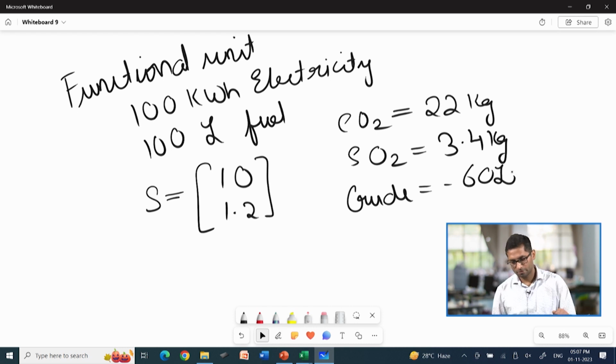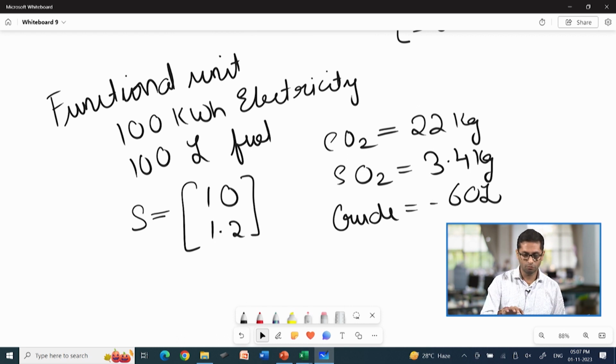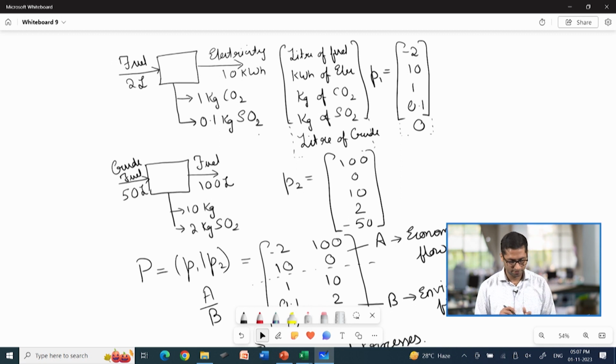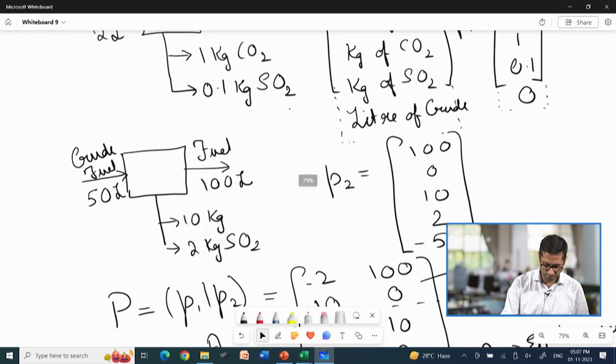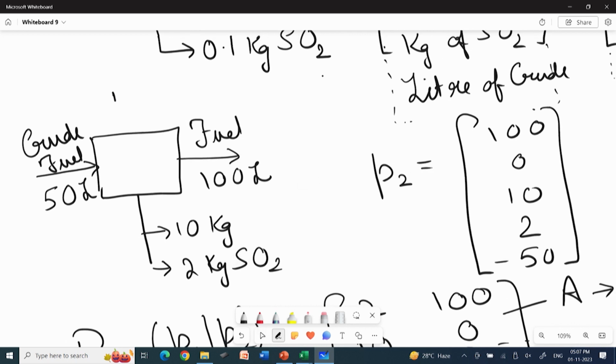Further, we can also update the process. Suppose I want to update process 2. Let me go back. So this was the process I am talking about. Suppose this is the process for the production of fuel, and it also has another input in terms of electricity. In the first process electricity is getting produced, and in the second process it is getting consumed, and maybe it is taking in 10 kilowatt hour of electricity as well.